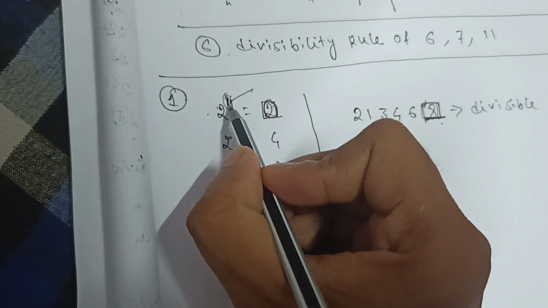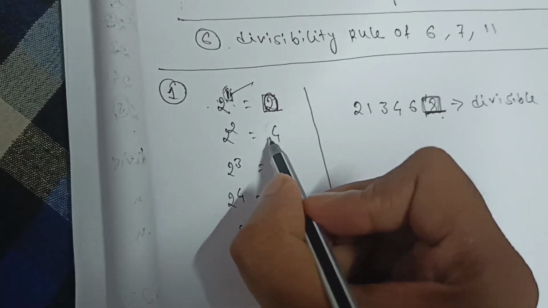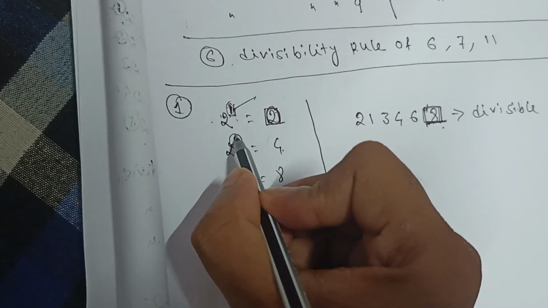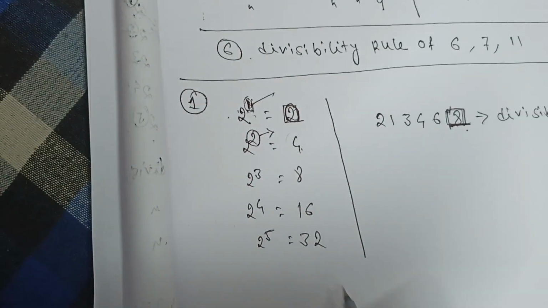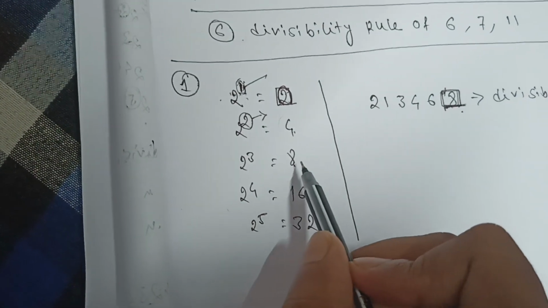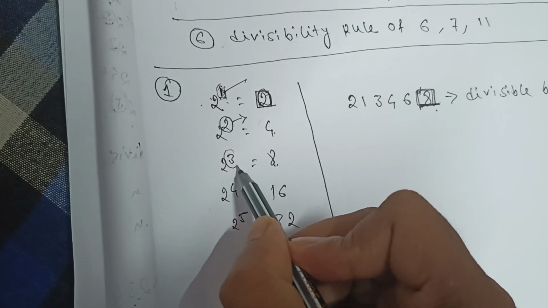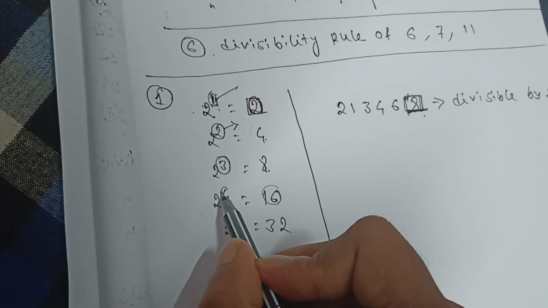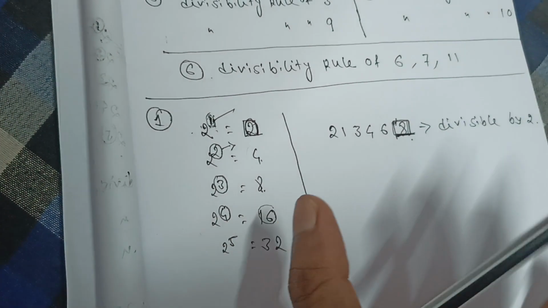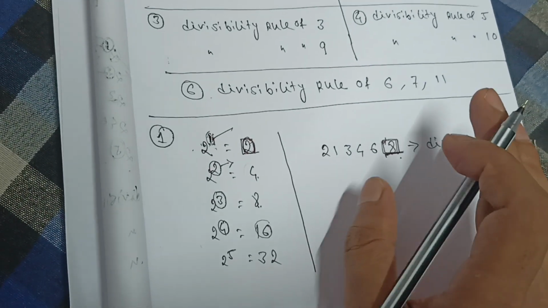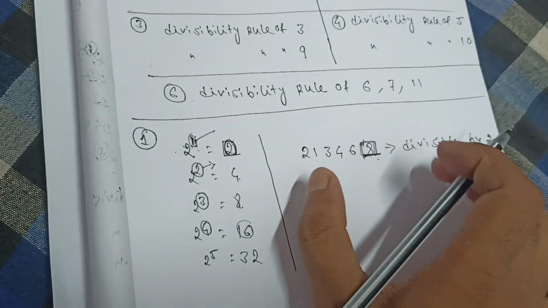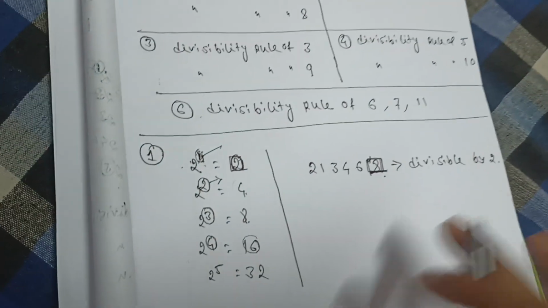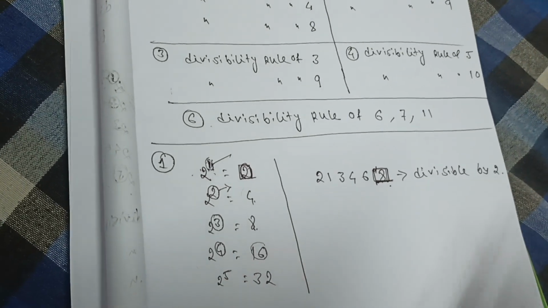Also like this, if any number is divisible by 4 or not, then we have to check the last two digits. If any number is divisible by 8 or not, then we check the last 3 digits. For 16, we check the last 4 digits. If the last 4 digits are totally divisible by 16, then the total number is also divisible by 16.